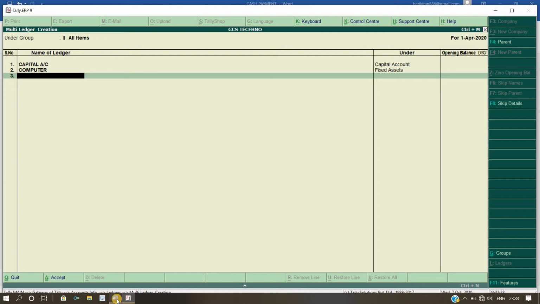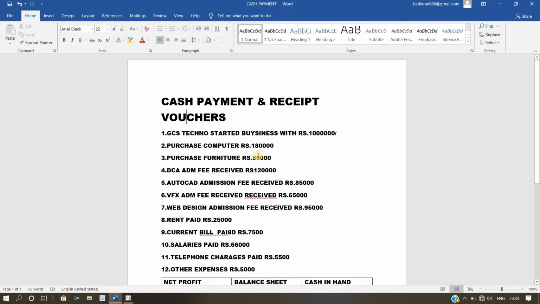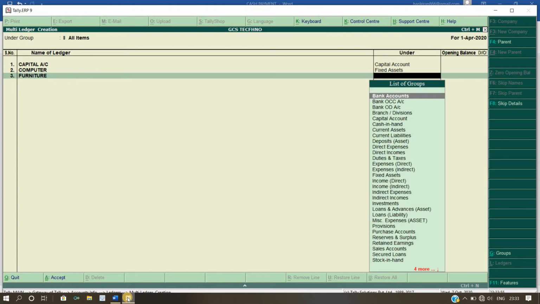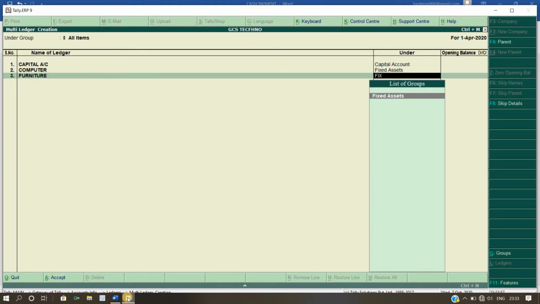And after that, purchase furniture. Furniture, and it is fixed asset, right?